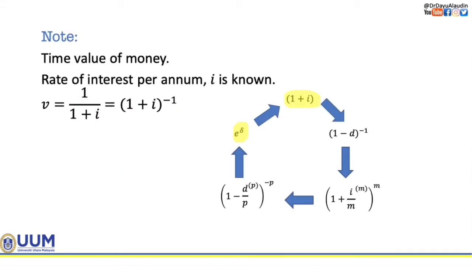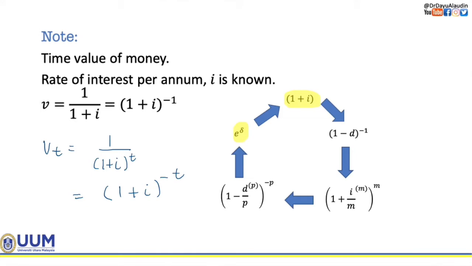Time value of money for VT. So VT is discounted back, so 1 over 1 plus i to the power of t, or 1 plus i to the power of negative t. We also can use it in terms of delta.